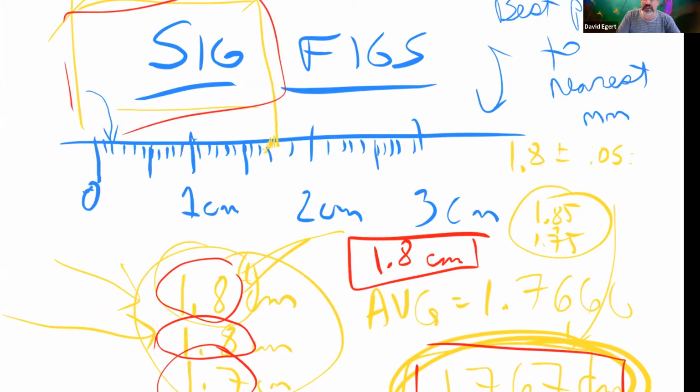In sig figs, you're going to be calculating BMIs using lots of different heights and weights. But you can only use the number of sig figs in the least accurate piece of data you use to calculate that BMI.